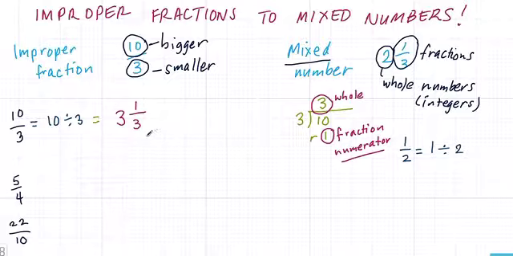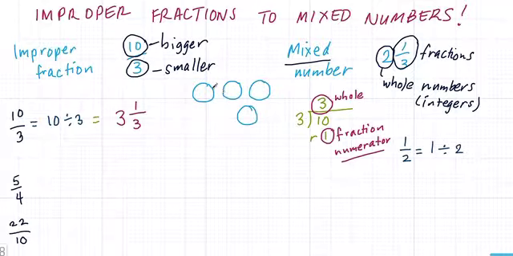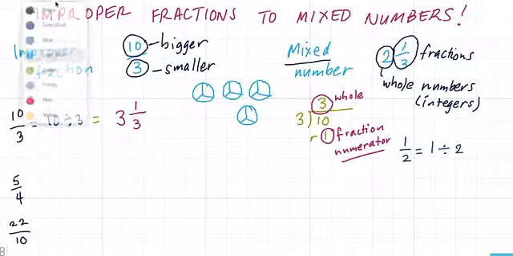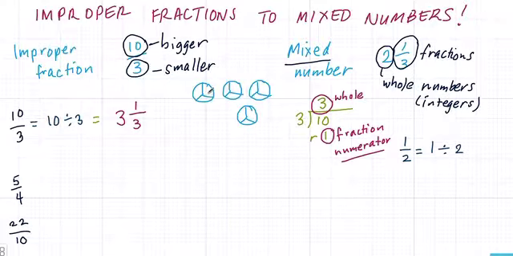Now it's nice to think about this as a picture. Let's think about thirds. I'm just drawing some circles and dividing these into thirds. We've got 10 thirds that we started with. If we colour it in, 1, 2, 3, 4, 5, 6, 7, 8, 9, 10.